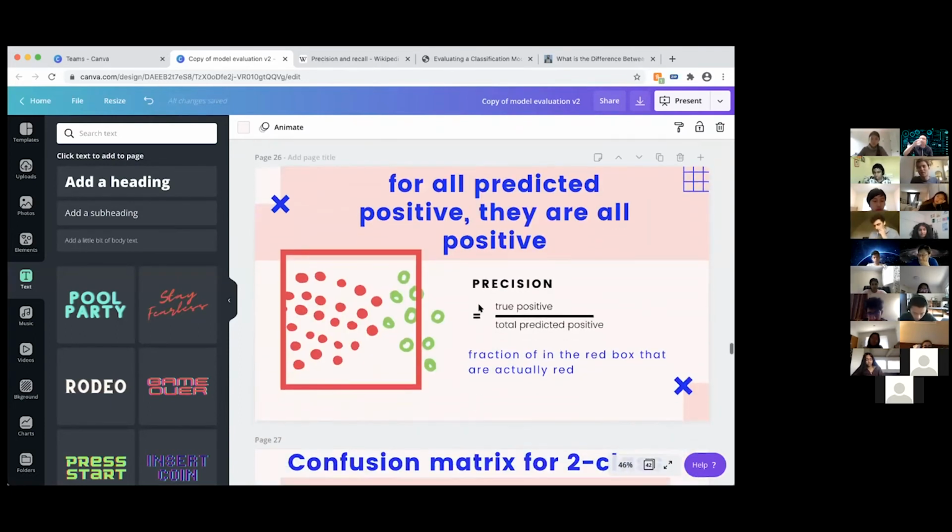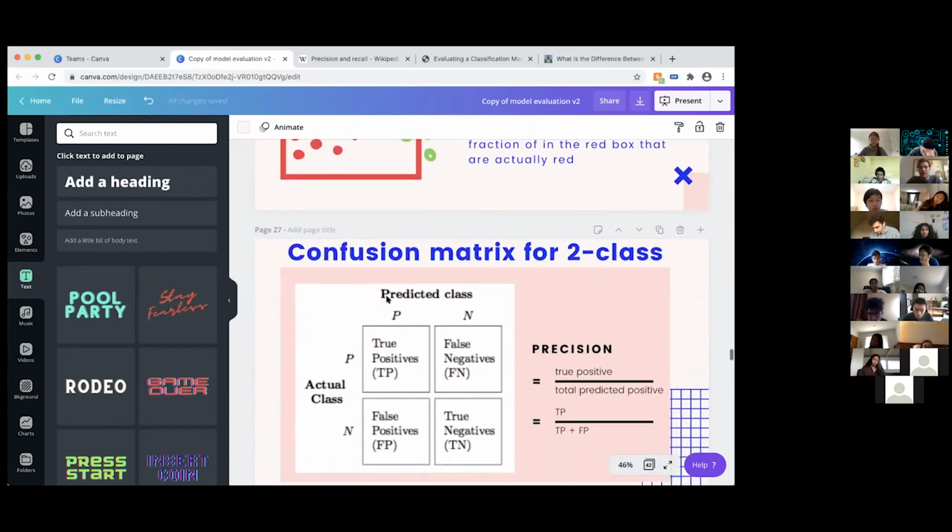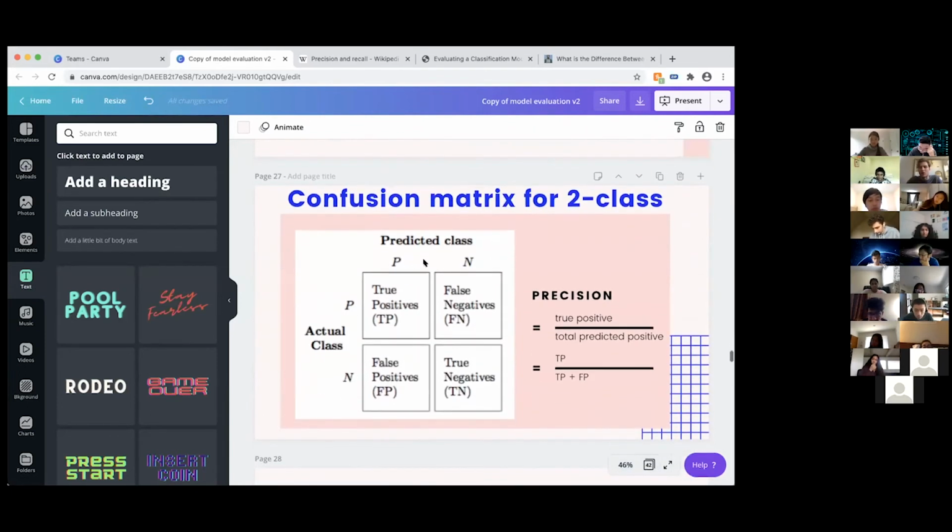So the first concept we're going to look at is precision. In terms of this example, this is the fraction in the red box that is actually red. So we're talking true positives over the total predicted positives. If we look at everything inside of the box, what fraction of it is actually red? Let's take a look at a confusion matrix that looks like this.